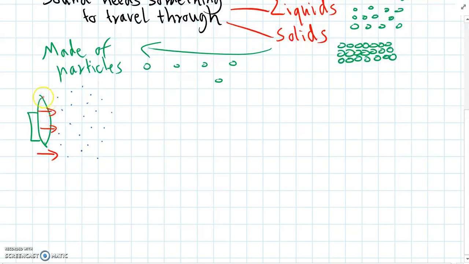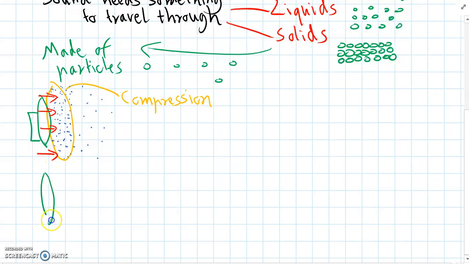So the speaker pushes forwards, and this pushes the air right near the speaker. All the particles of the air get pushed together, so they're bunched closely together. And this area has high pressure compared to the rest of the air. So where the particles are bunched together, it's called a compression, because the particles are compressed together.